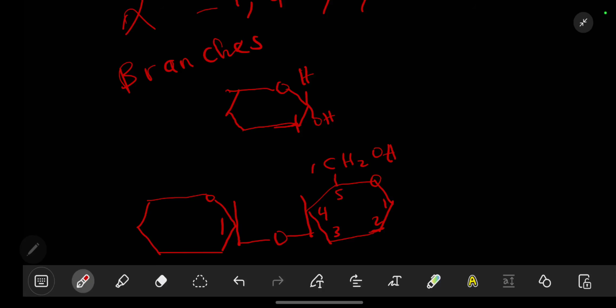Then here we should have carbon number 6 at the 6 prime. The hydrogen from here will combine with this to produce water, which means we have removed this structure.